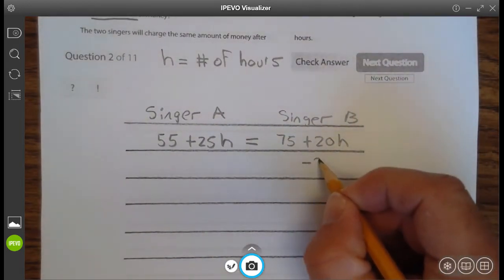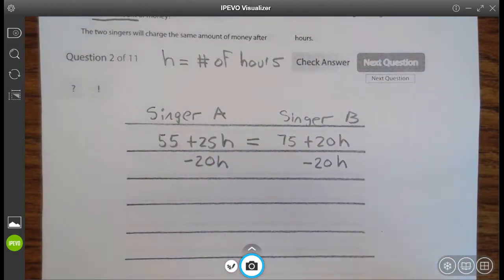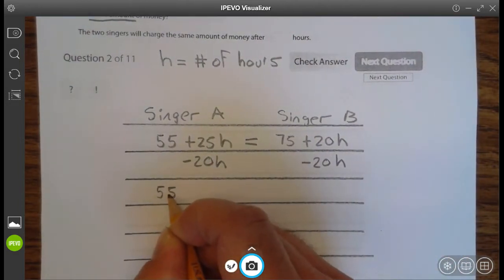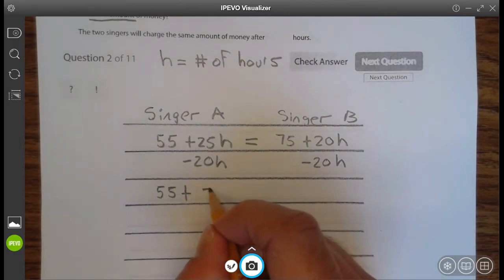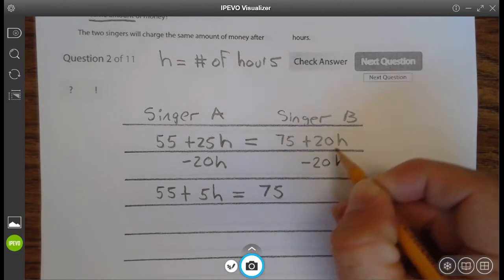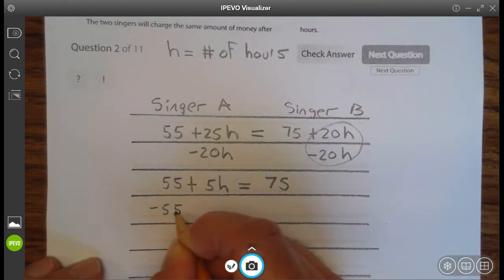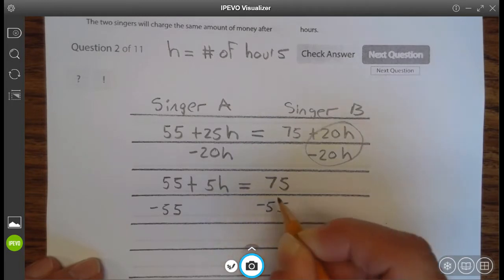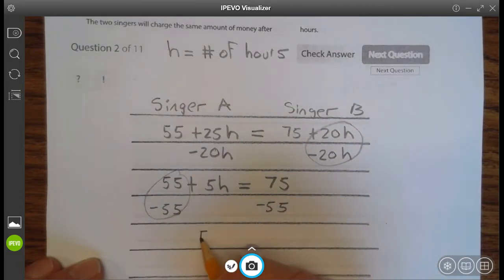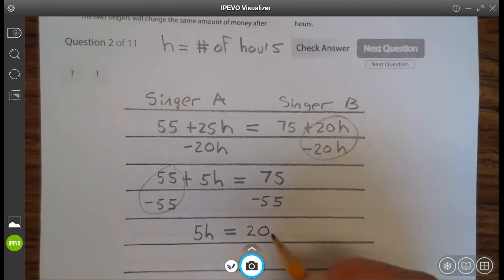So to solve, we're going to start by subtracting 20h from both sides. So we have 55 plus 25h minus 20h is 5h equal to 75, because that becomes 0. We're going to subtract 55 from both sides. 55 minus 55 is 0. You get 5h equals 75 minus 55 is 20.